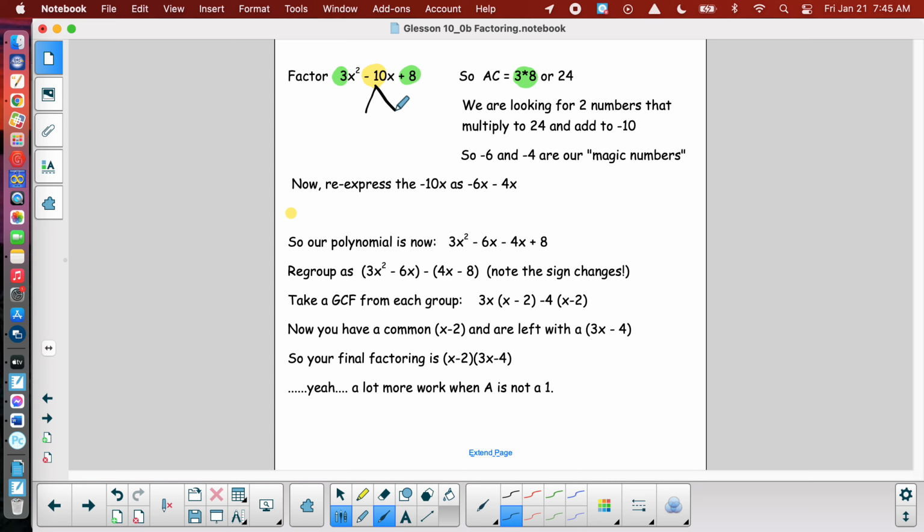So that negative 10x gets split into a negative 6x and a negative 4x, which is the same as negative 10x, we're just splitting it up. My 3x squared stays, and my plus 8 stays. So my polynomial is now 3x squared minus 6x minus 4x plus 8.